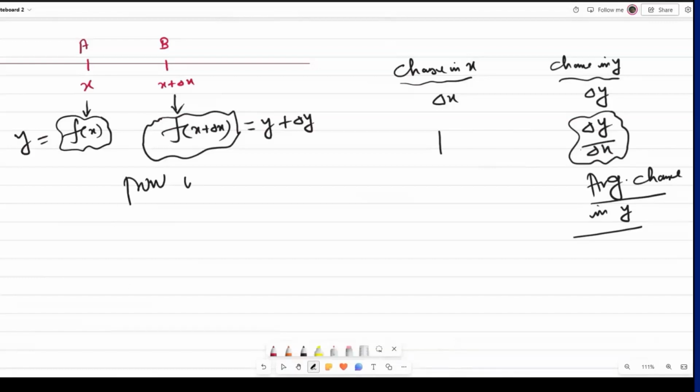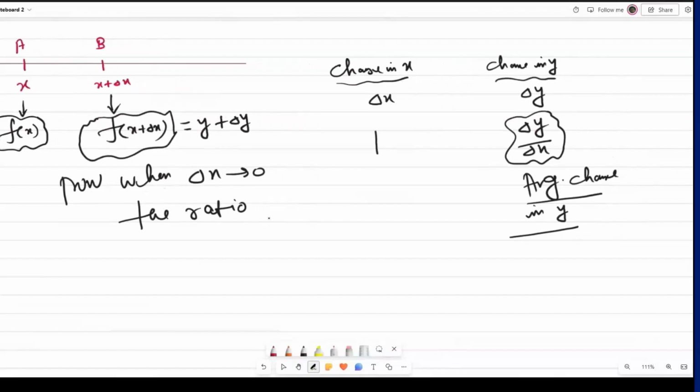Now, when delta x tends to 0, the ratio, what ratio? The limit of delta y by delta x. This is called dy by dx. This was average. But when delta x tends to 0, that average will change to instantaneous.